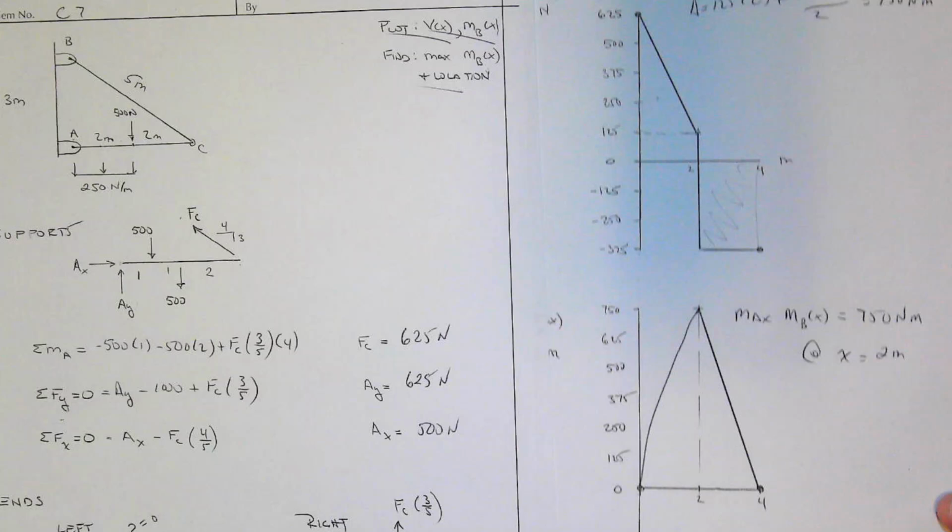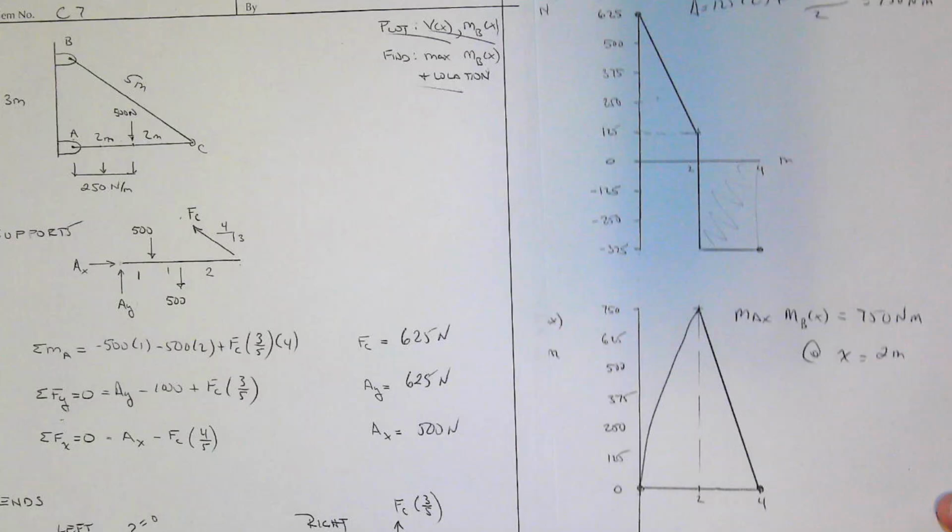Fine. Now we go out to the end. The y component of the force is FC times 3/5. All right. This is an impossibly thin piece again. Here's the shear coming up at 4. This is coming up already, so that means V4 is going to have to go down.